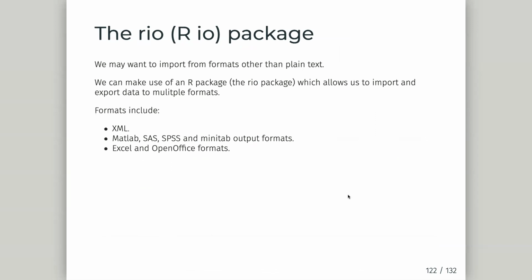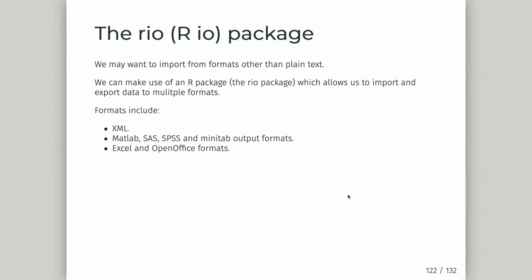So here we're going to use this rio package. I think it's R-I-O. Rio sounds more fun. This is a really nice package because they basically wrapped up a lot of the work from other people. So there are packages to read in MATLAB data. I know someone said they were working with MATLAB at the first session. SAS, SPSS, Minitab, I think we covered that when I was doing my videos.